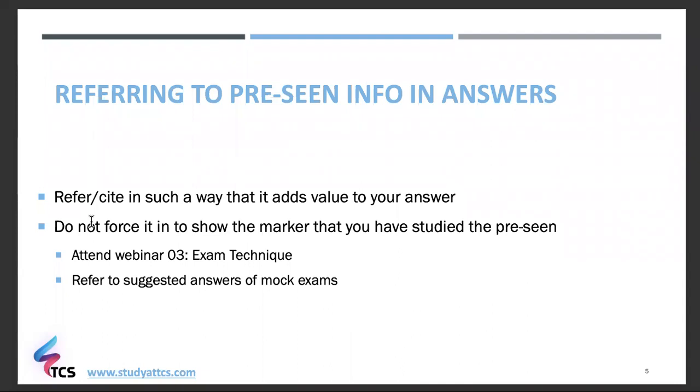Whenever you are bringing in information, it needs to be 100% relevant to the question as well as the scenario presented within the question. On top of that, you need to see whether it adds value to your answer or not. If not, please refrain from bringing in unnecessary or generalized information from the Preseen.